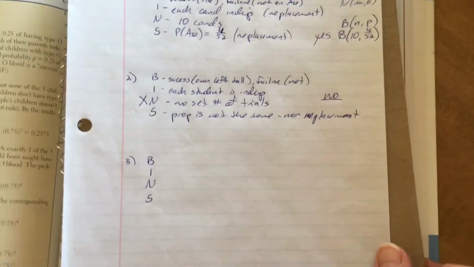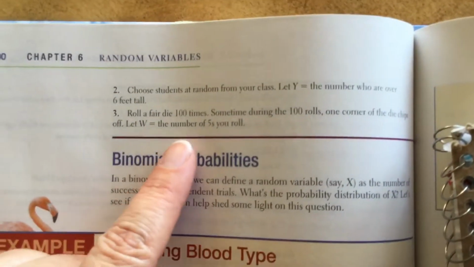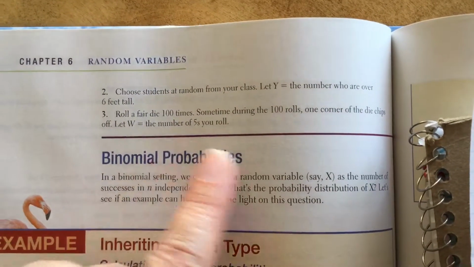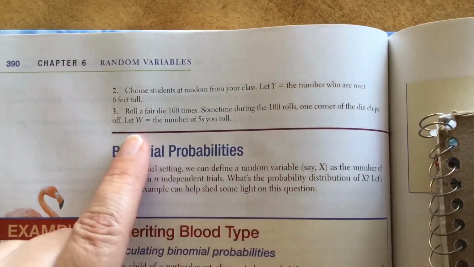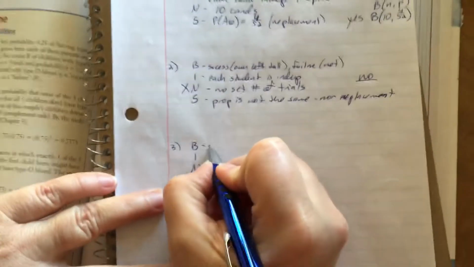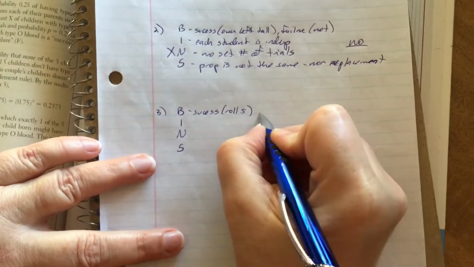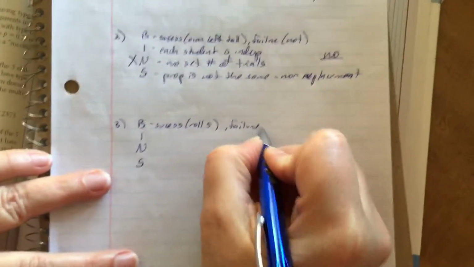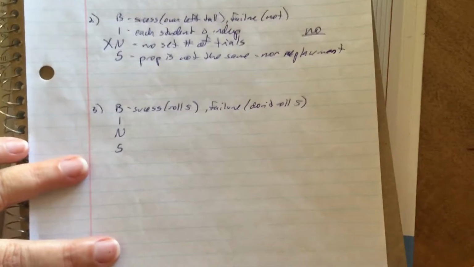Okay, number 3 over here. Roll a fair die 100 times. Sometime during the 100 rolls, one corner of the die chips off. So let W be the number of 5s you roll. Our success is we roll a 5, and our failure is we don't roll a 5.